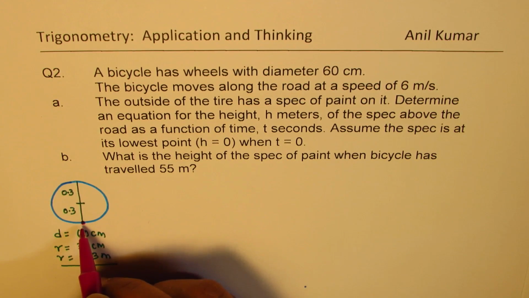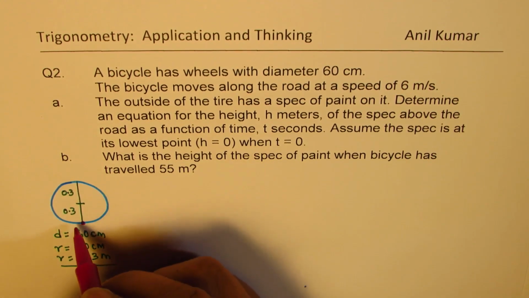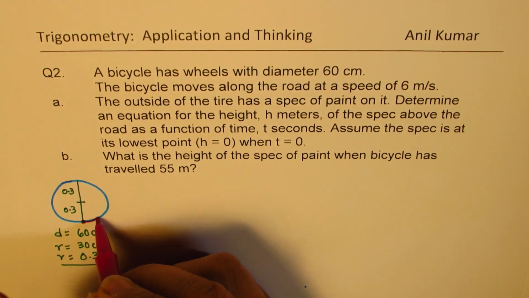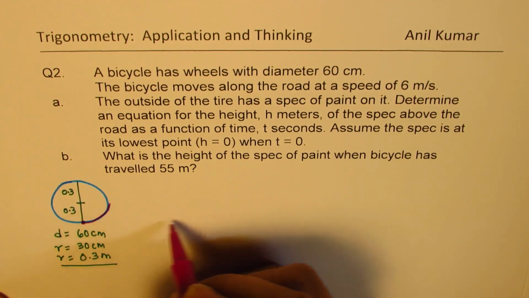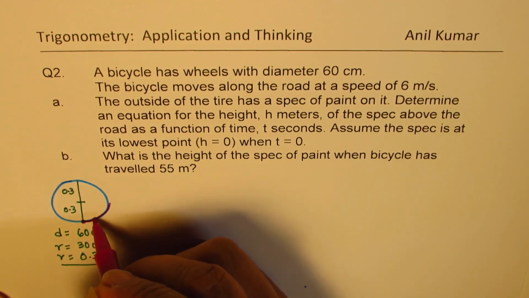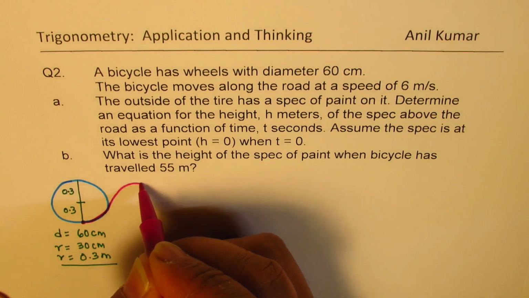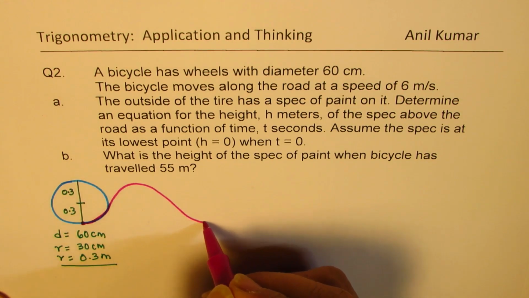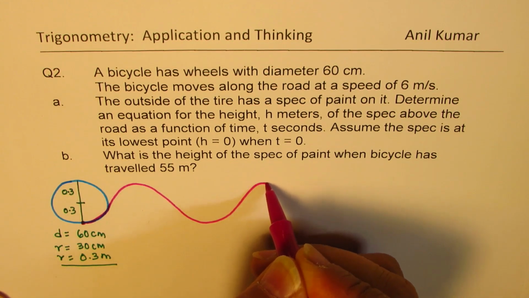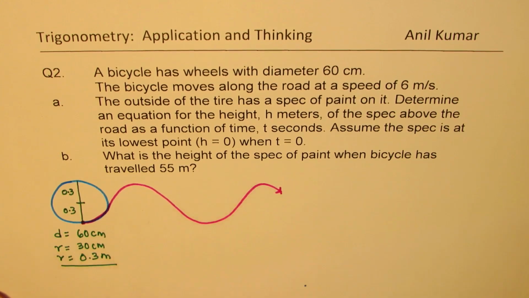Okay. We are also given here that we need to find the movement of this speck, which is right at the bottom at t equals 0. So as it moves, the speck will move upwards. So here the time is moving, right? So what we get here is a function which is going to be kind of like this. You understand, right? So that is how we are going to get our wave, where this is along a road, right?